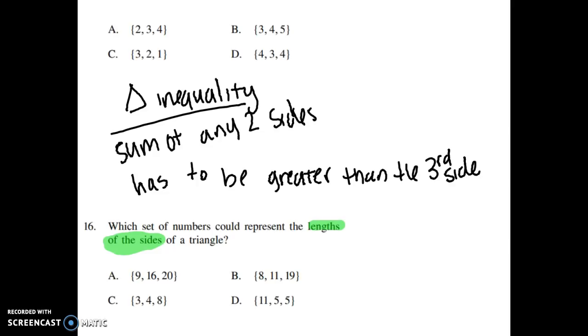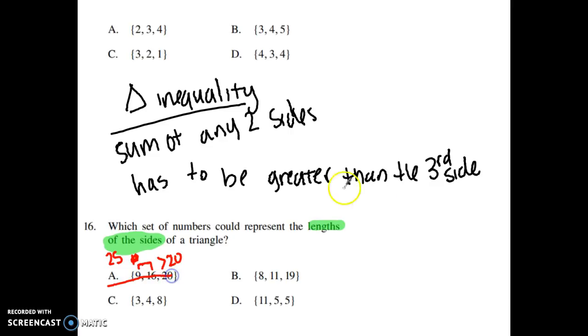So for example, in A, we have 9 plus 16 has to be greater than 20. And in this case, 9 plus 16 is 25, which is greater than 20.